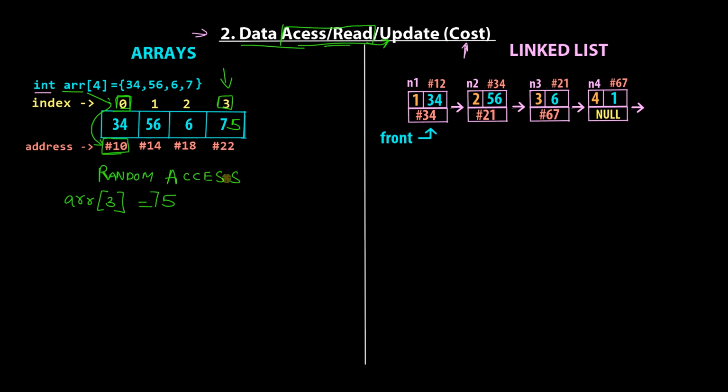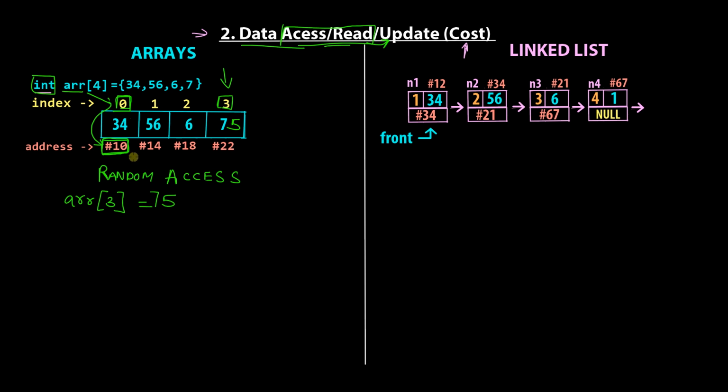So random access is nothing but direct access of individual elements in a data structure, and that is possible in arrays. Now if you are wondering how this happens, as I mentioned, the array, since it is an integer array, knows the information of the base address. When I say base address, it means the address of the first element in the array. So it knows the address of the base element, which is #10. Now we've already known that in an array, elements are stored in contiguous memory allocations.